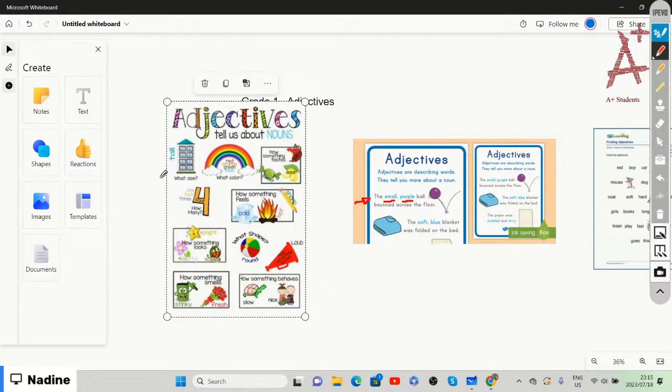The juicy mango, the sour lemon, the sweet grapes, for example. We can also describe something in numbers, right? By telling how many. So we can say one apple, two boys, three giraffes, for example.